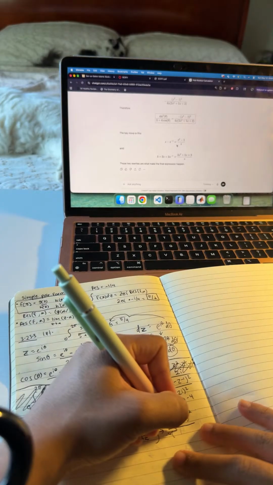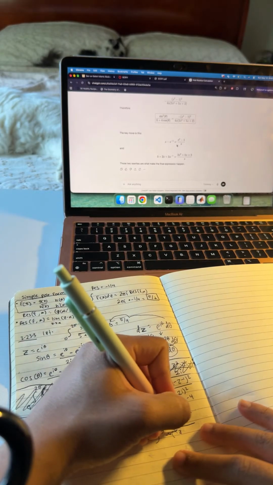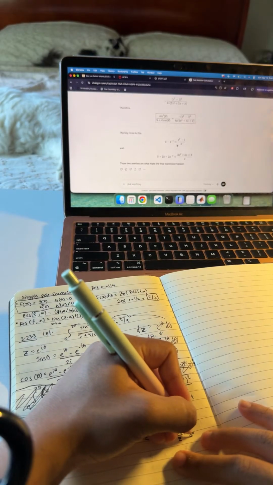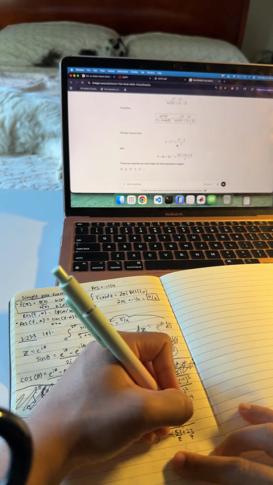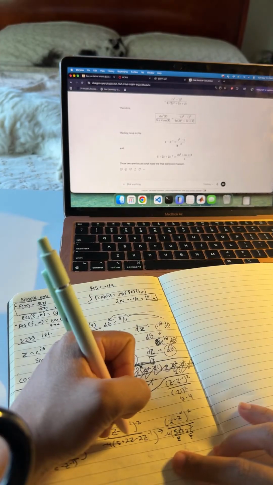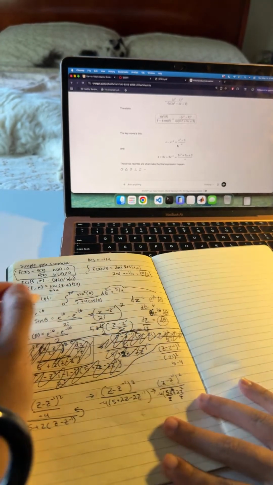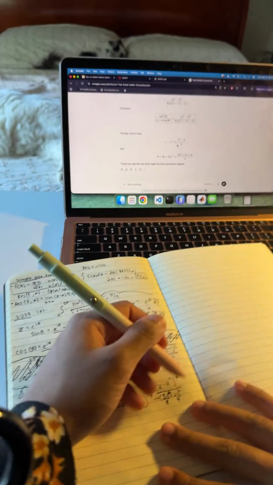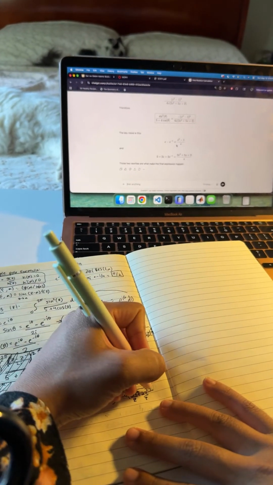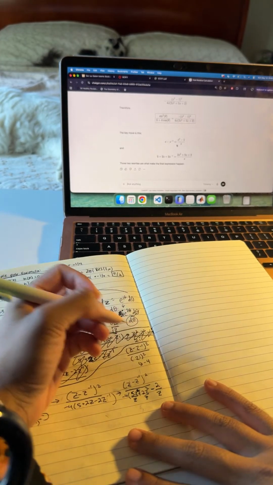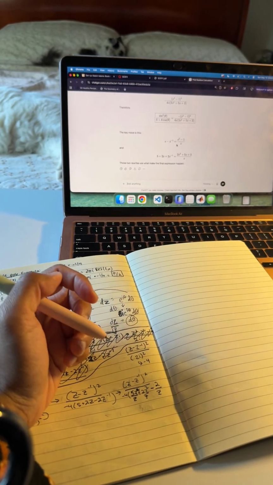Negative 4 times 5z over z plus 2z over z. But these are squared because there was already z's here. Actually, that first one is not squared. This first one didn't have a z, so that becomes z squared over z. This becomes minus 2 over z. That's your common denominator here.